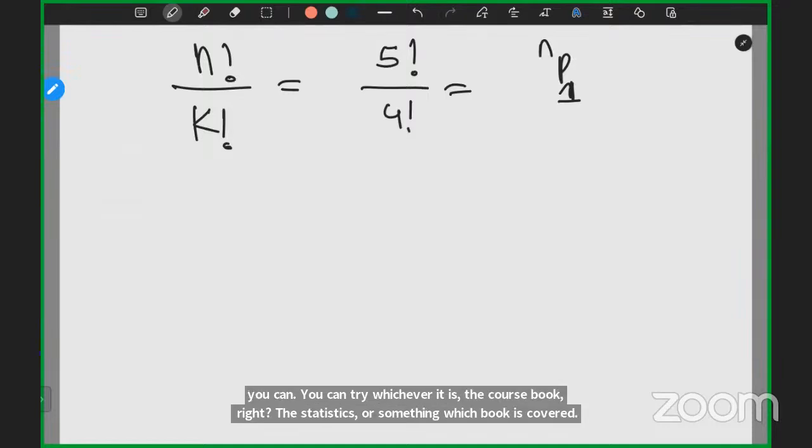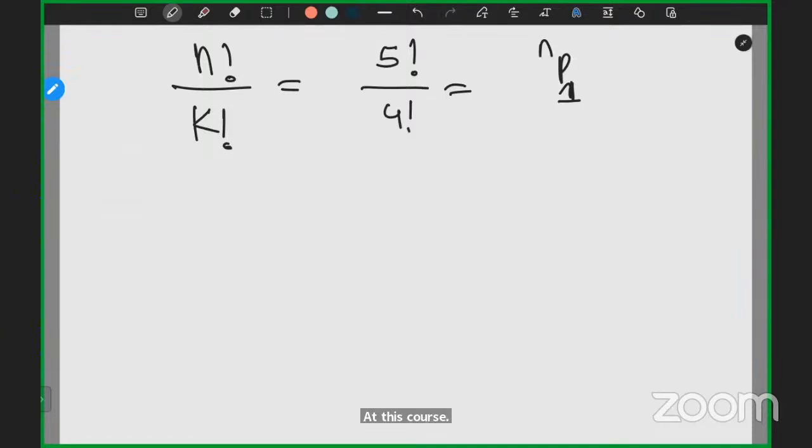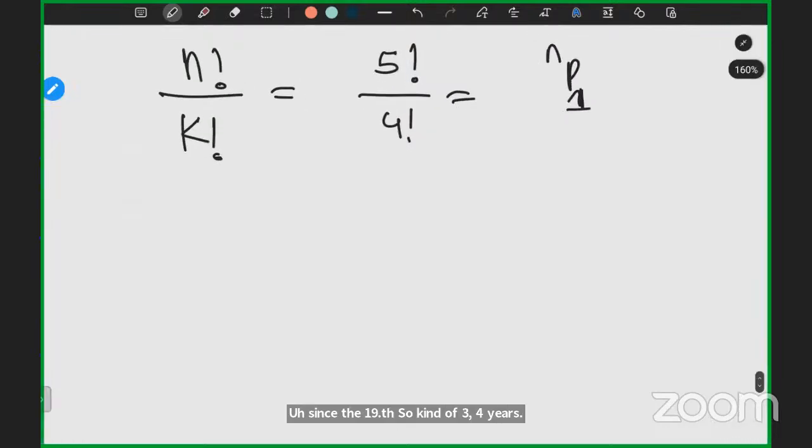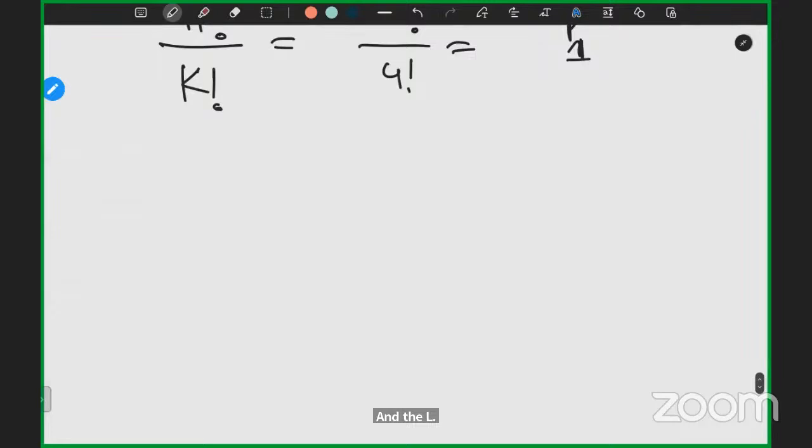In the course description on the course page you can find it. But the questions in our portal are really good enough. They are tough, and varieties are also there. We have collected all of them since this course has been running since 2019, about 3-4 years, and we have really collected a good number of questions of all kinds.